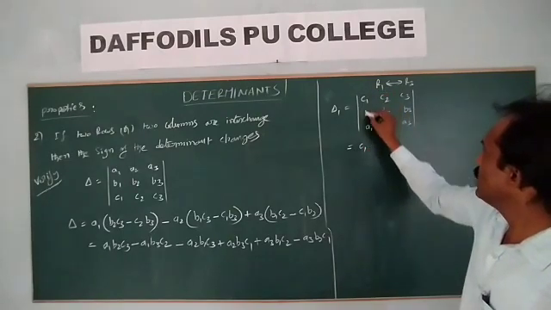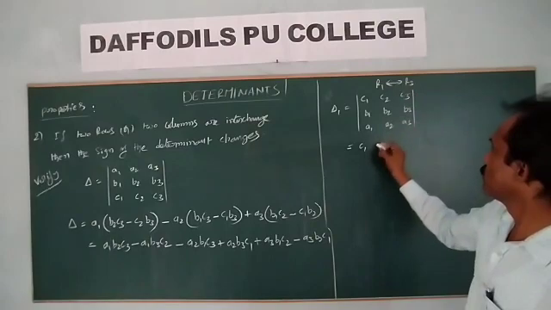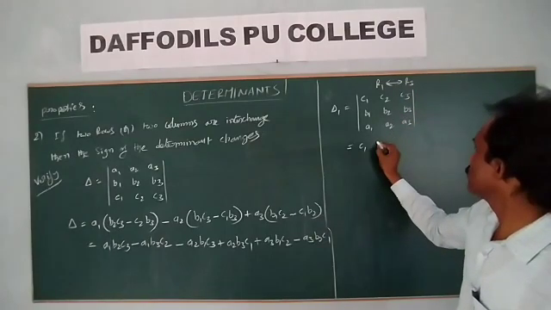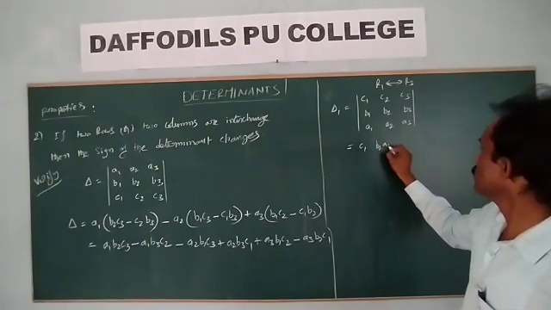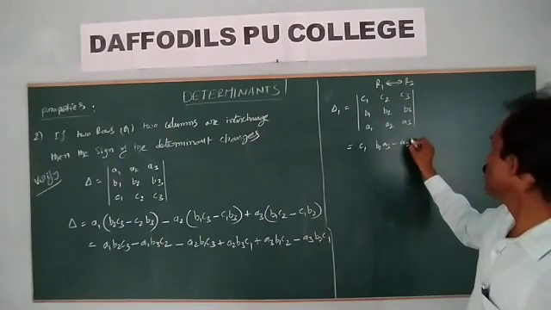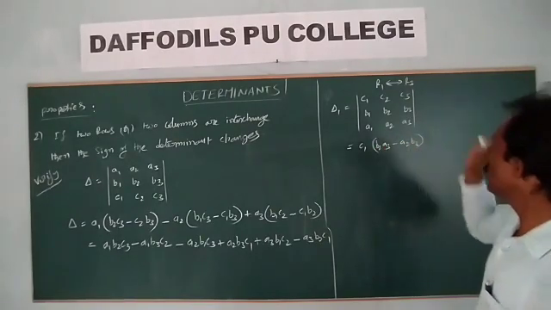C1 of deleting this row and this column, so B2 A3 minus A2 B3.